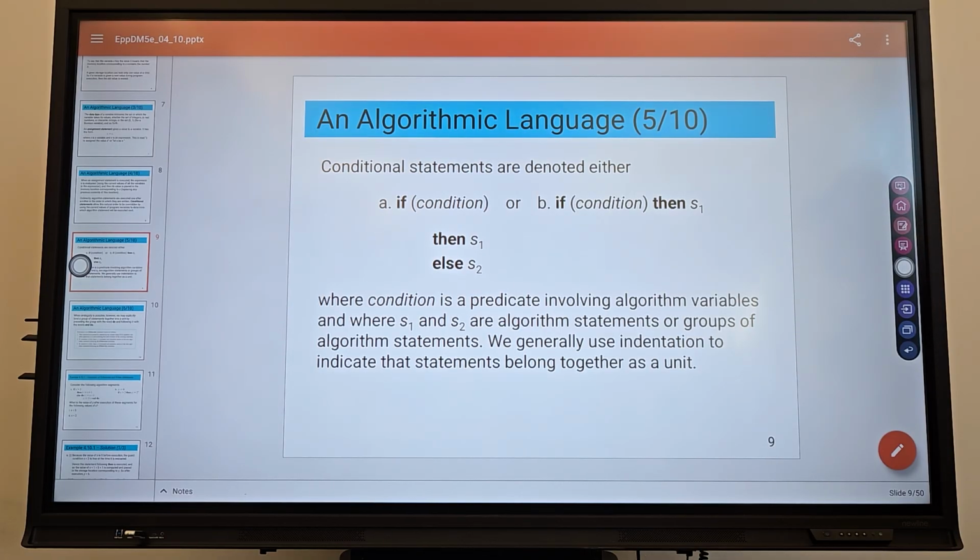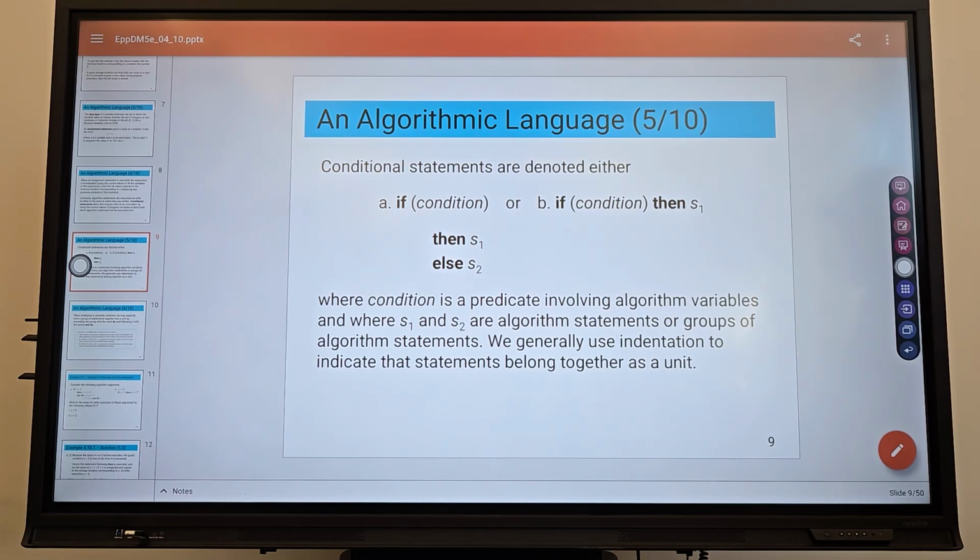The if-then structure is from BASIC, again, not from the languages they specified at the beginning. Where condition is a predicate involving the algorithm variables, where S1 and S2 are algorithm statements, or groups of algorithm statements.